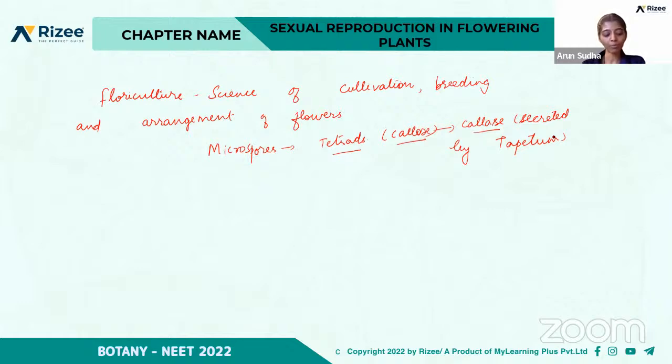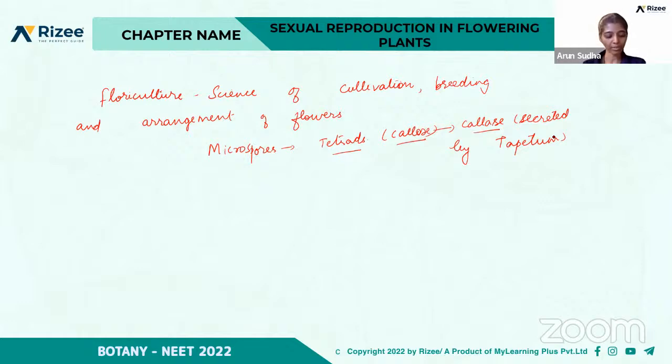So it helps in the pollen wall formation, and it helps in the transportation of nutrients. So the main role is to provide nutrients to the inner side of the anther, and it is also involved in the synthesis of callase enzyme for the separation of microspore tetrads.